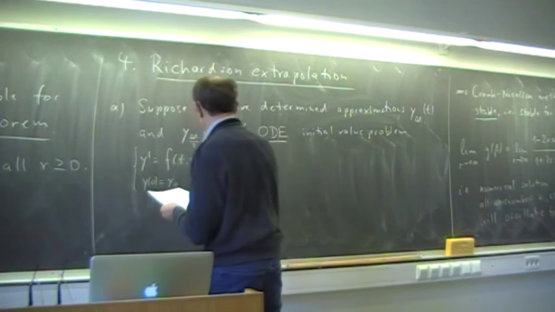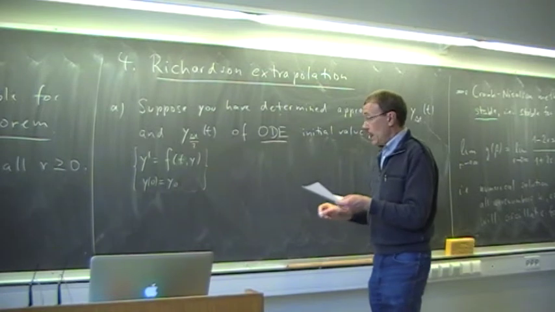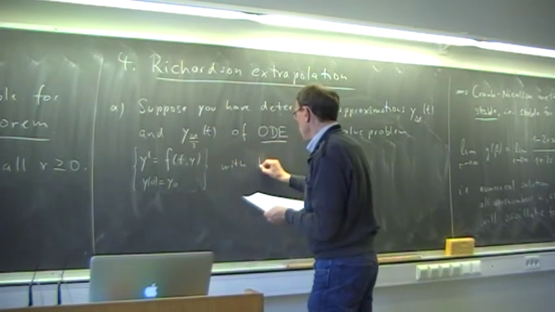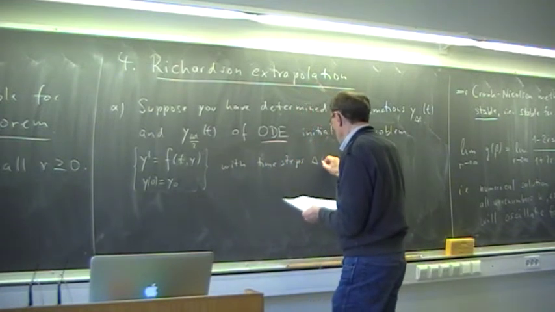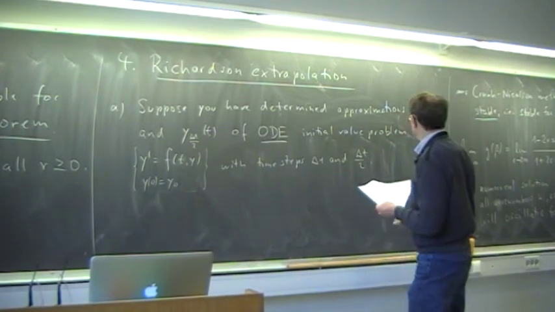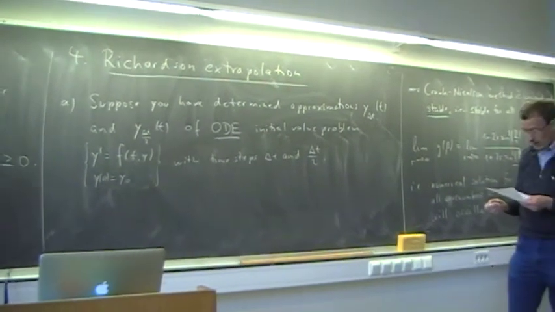So that is our ODE problem. And we have done that, as I already said, with time steps delta t and delta t half. And t is some finite time.